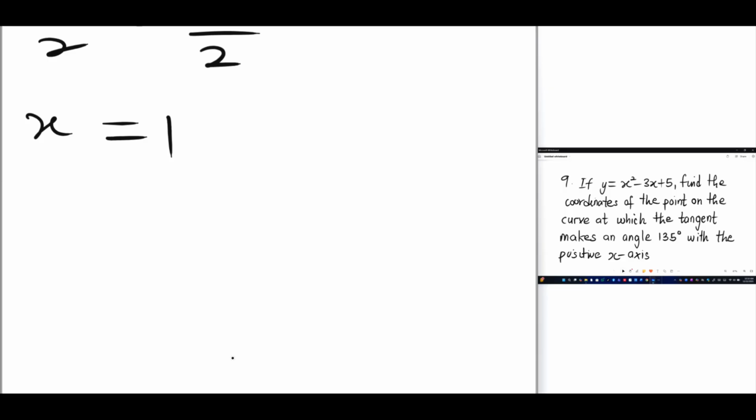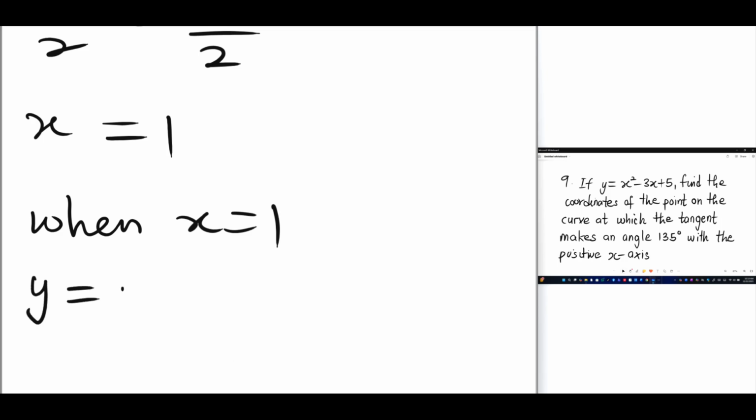So we have to find its corresponding y value. When x is equal to 1, we find the value of y. We have y equal to x squared minus 3x plus 5.